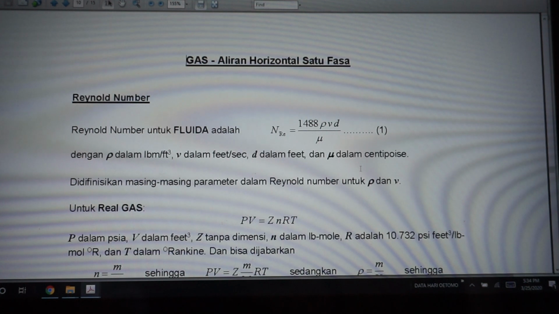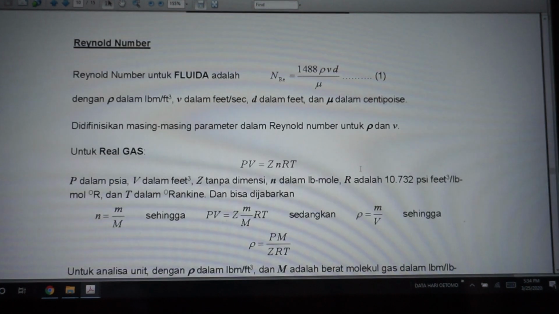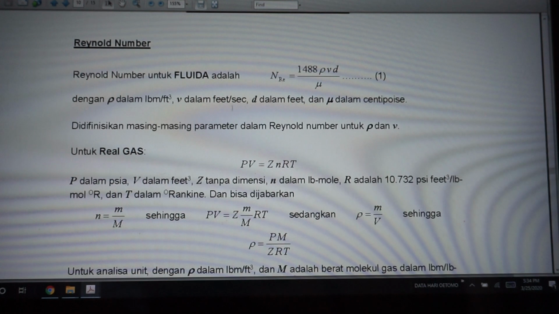This is for oil, okay? So let's see. For the real gas, what we have is PV = ZnRT. You know everything. These are the dimensions in here: V is in feet cubed, pressure in psi, Z is dimensionless, n is in pound mole, and R is 10.732 psi feet cubed per pound mole Rankine, and T is in Rankine.